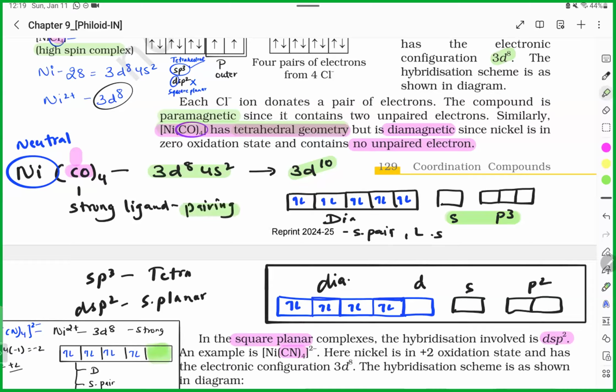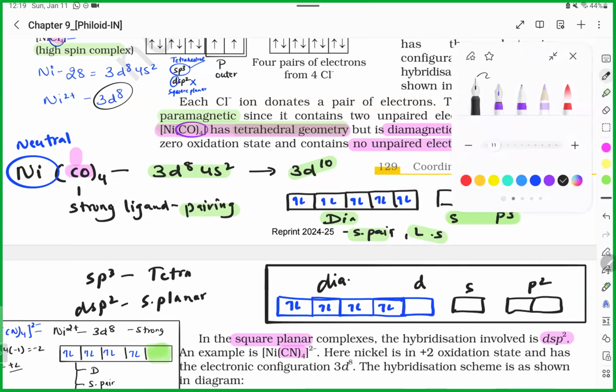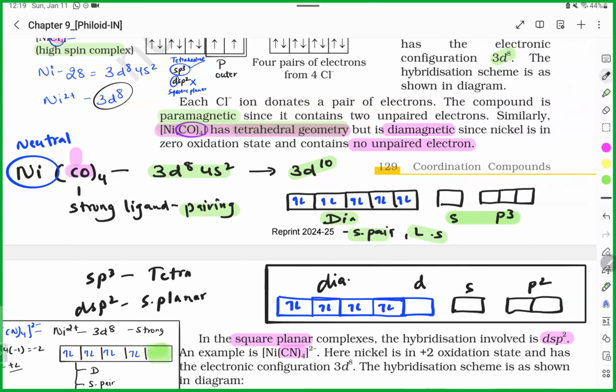Carbonyl is an extremely strong ligand, like the strongest ligand. So this strongest ligand will cause pairing of even the s electrons, and because of that, we have sp3 hybridization. This strong ligand is responsible for the pairing. It is diamagnetic. It is spin paired, low spin, but sp3 hybridization and tetrahedral. Why is it special? Because whenever you hear about a strong ligand, you think the inner orbital will be used and it should be square planar, but it's not.